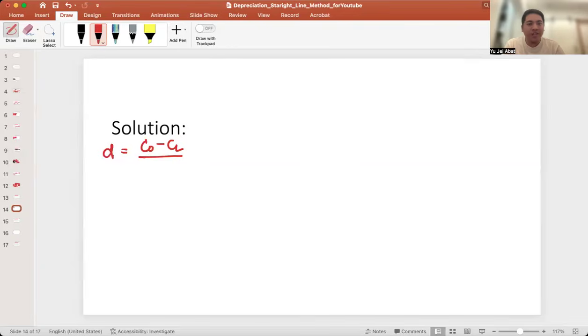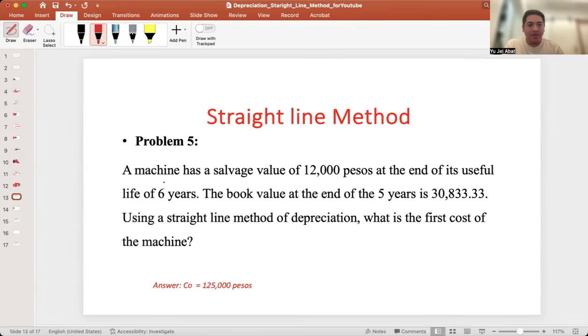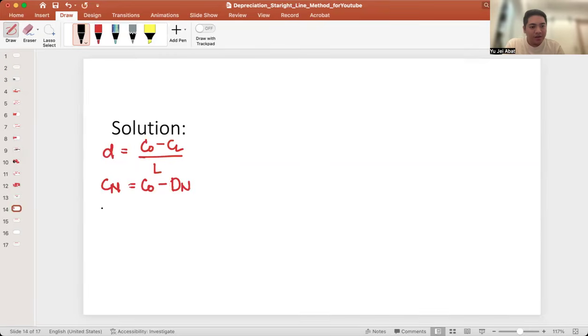For the depreciation every year, and for the book value of C sub n, wherein we have first cost minus the total depreciation. So we will be revolving around these formulas. So we have to write the given. We have a salvage value of 12,000.